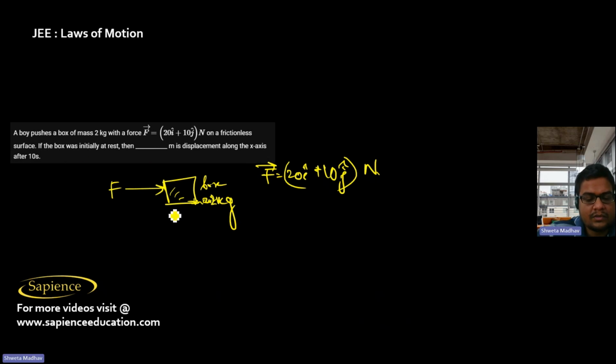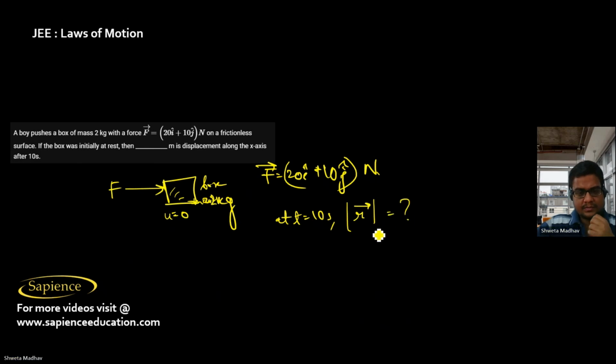Okay. If the box was initially at rest, then the displacement along the x-axis after 10 seconds is how many meters? It means that at t equal to 10 seconds, what will be the displacement that we have to find out?